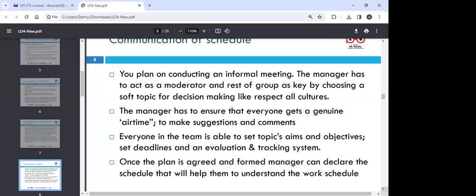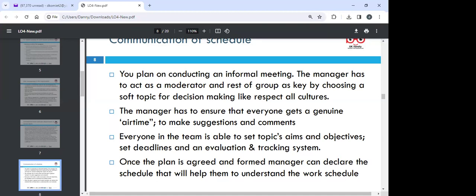So let's see communication of schedule. You can conduct an informal meeting. The manager has to act as the moderator and the rest of your group as key players, choosing a subtopic for decision making like respect or caution. The manager has to ensure that everyone gets a genuine airtime to make suggestions and comments.